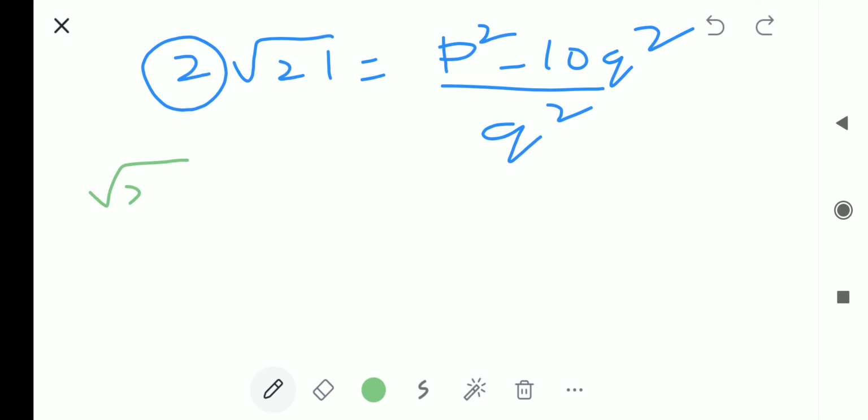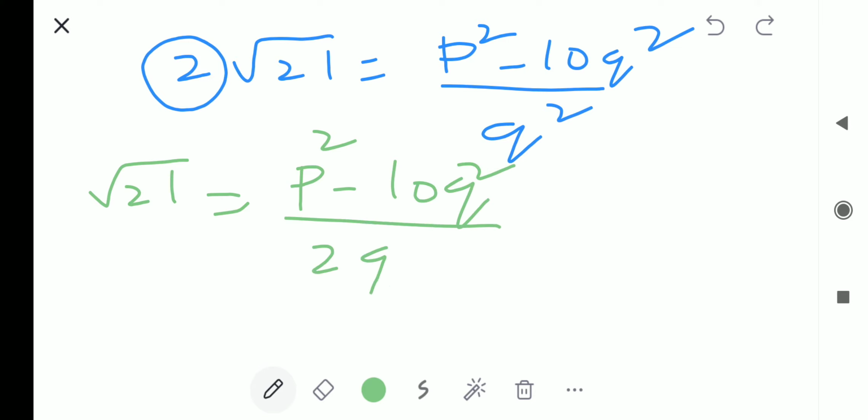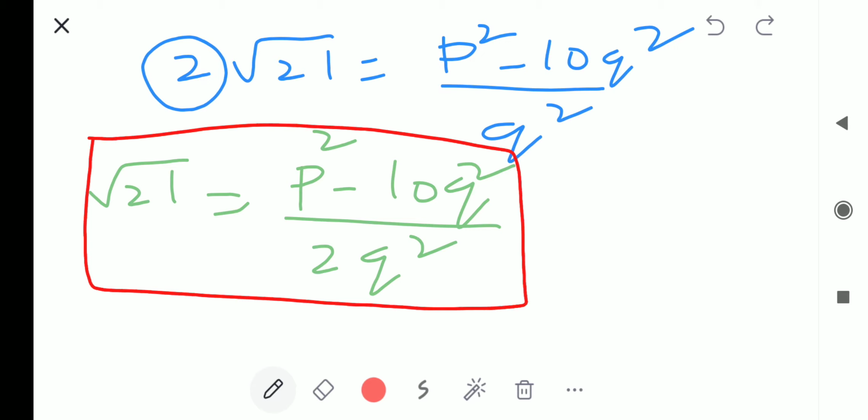I'll get root 21 is equal to p square minus 10q square by 2q square. And this is the end of the problem, where we can notice that root 21 is irrational.